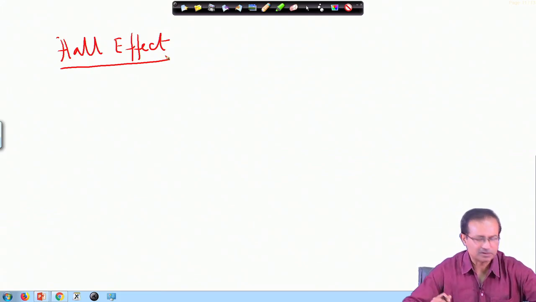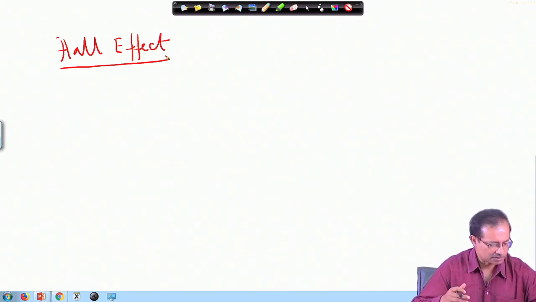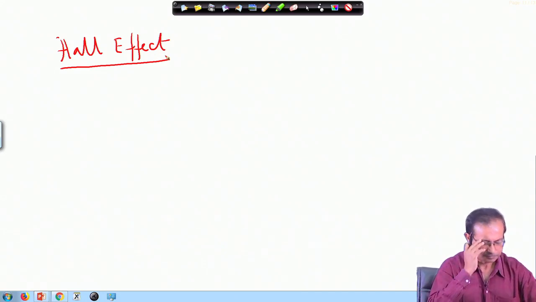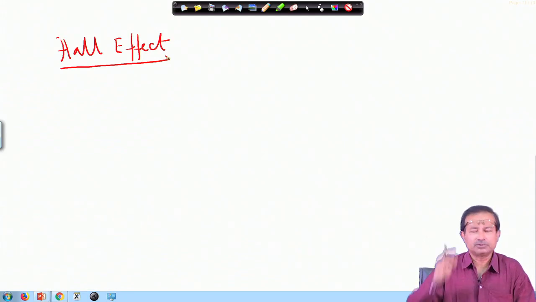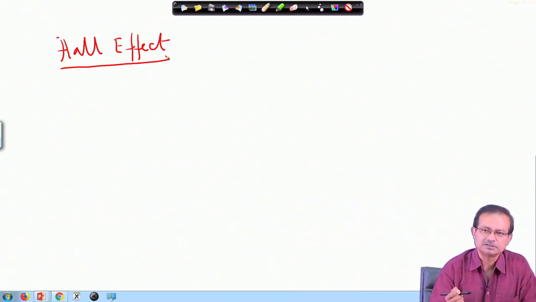It also tells us many more things, which we will come back to at a much later stage. So, again, we start from the equation of motion that we wrote down, and the geometry now is a bit different.